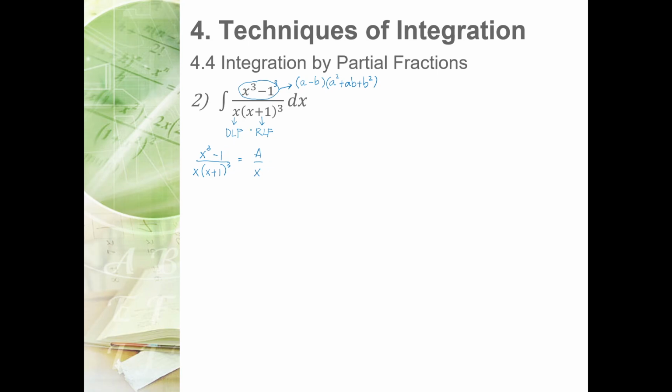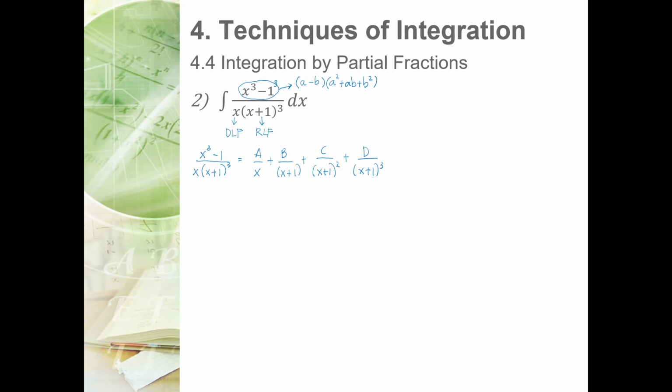That would be the first distinct linear factor. Next is the repeating linear factor. So B over x plus 1, plus C all over x plus 1 squared, plus D all over x plus 1 cube.